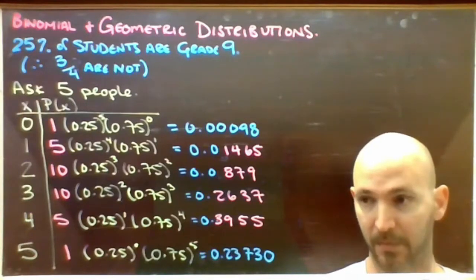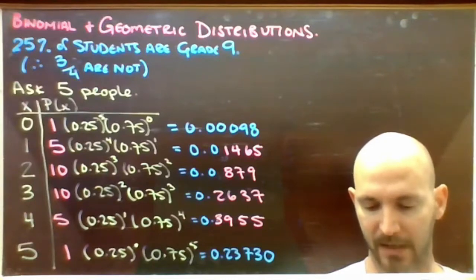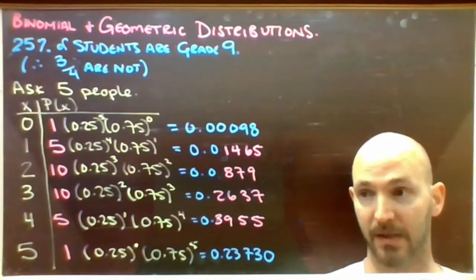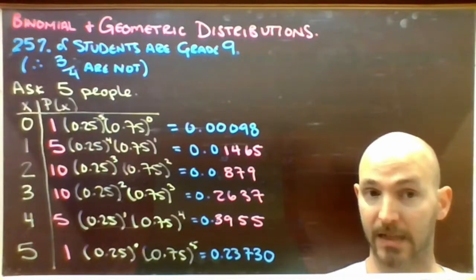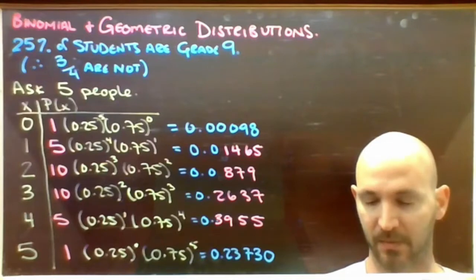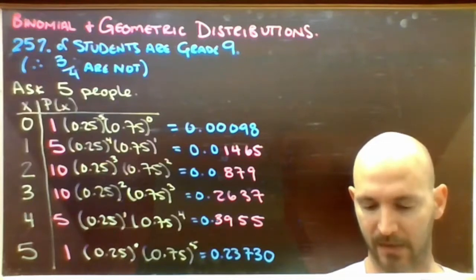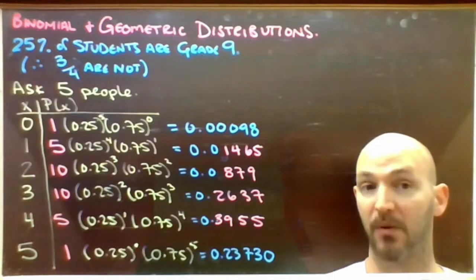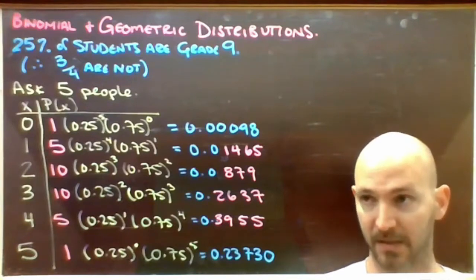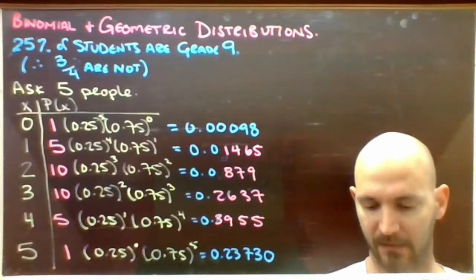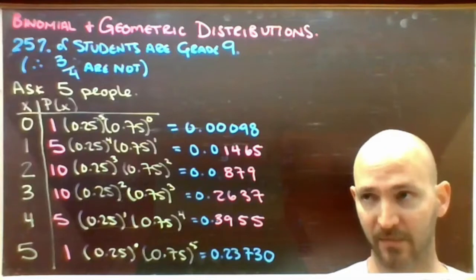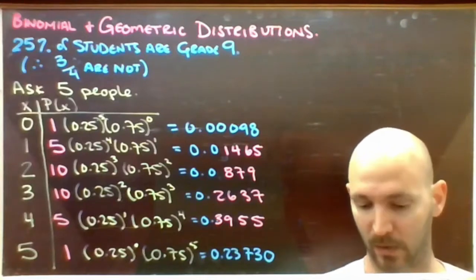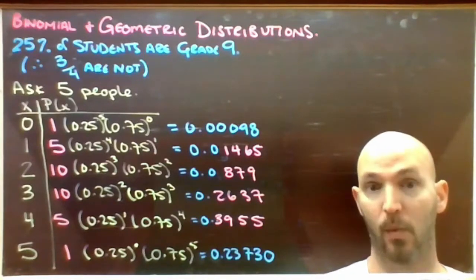0.2373 plus 0.3955 is 63%, plus 0.2637 is 89%, plus 0.0879 is 98.4%, plus 0.01465 is 99.905%, plus 0.00098 gives me 1.